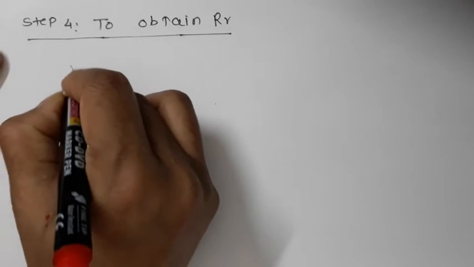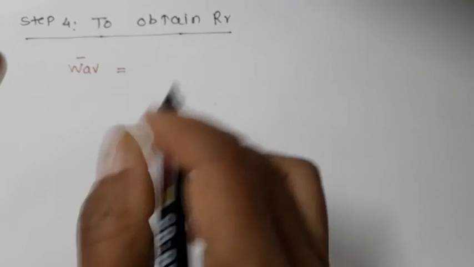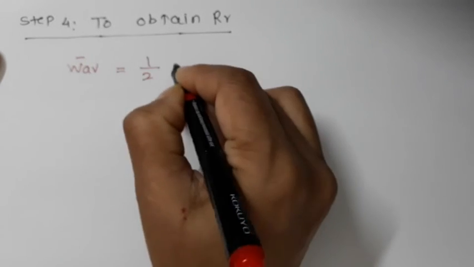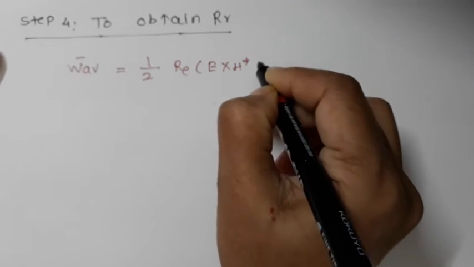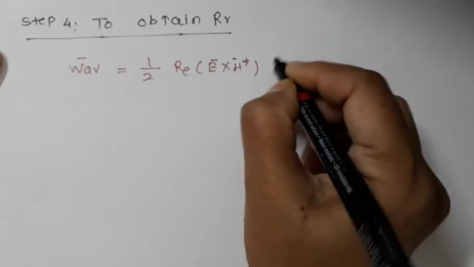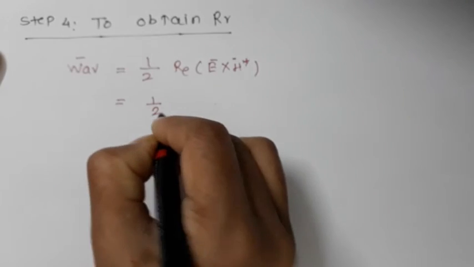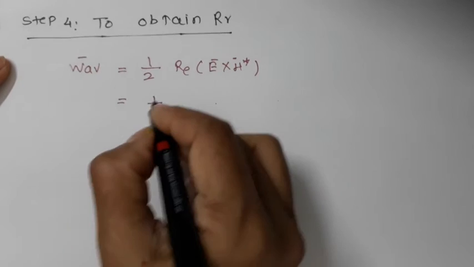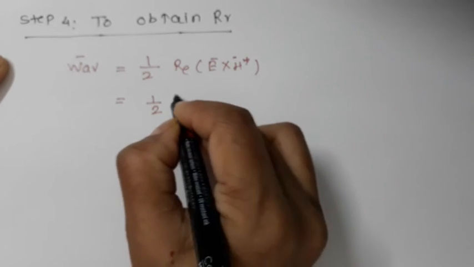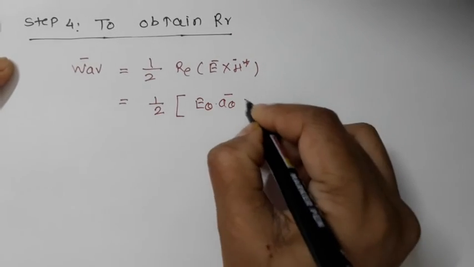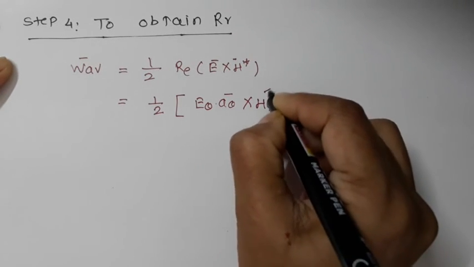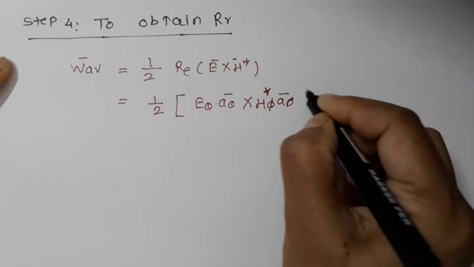We know that the average power density is equal to 1/2 real of E cross H complex conjugate, which is nothing but 1/2 E theta a theta cross H phi complex a phi.